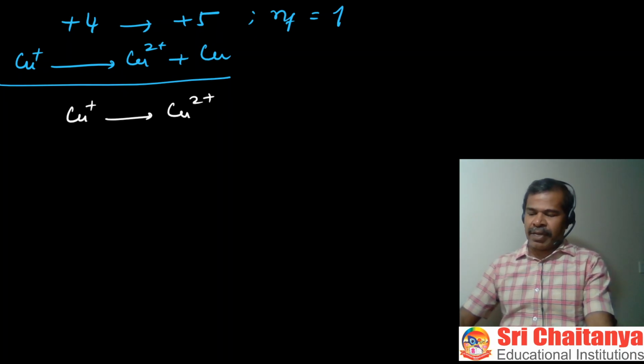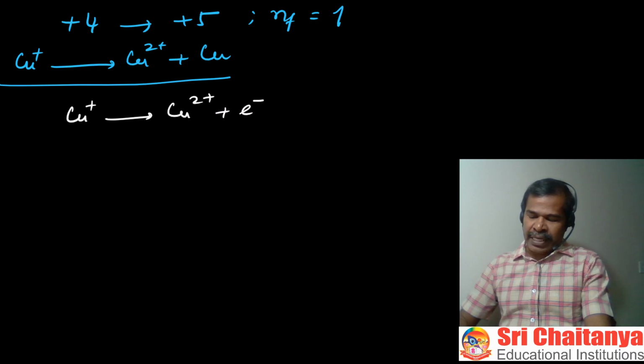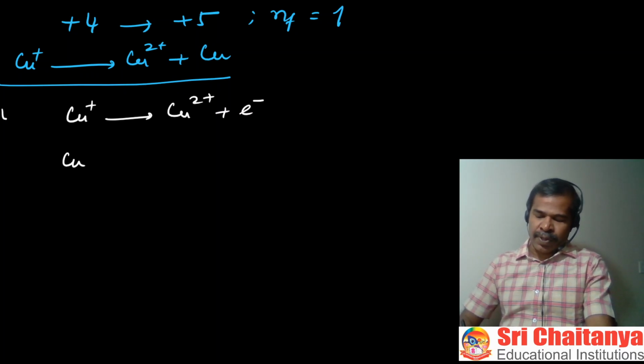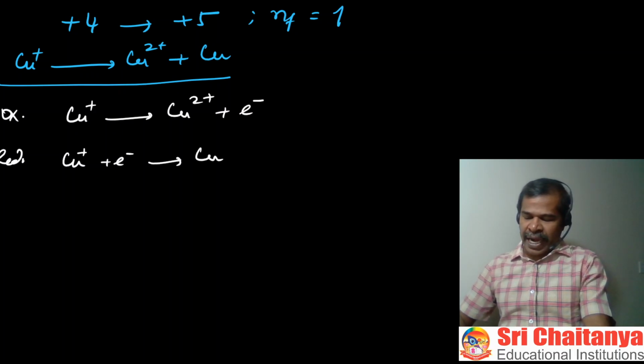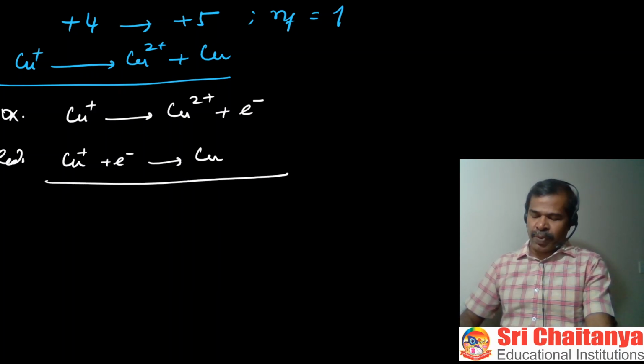To balance the charges, you add 1 electron here. This is oxidation. Like this, you write the reduction half also: Cu+ plus an electron giving Cu. If you add both of them, you get the net equation: 2Cu+ gives Cu2+ plus Cu.